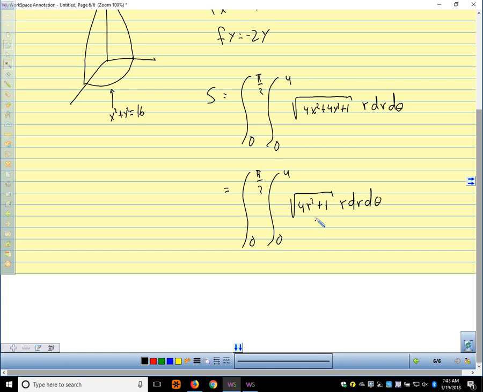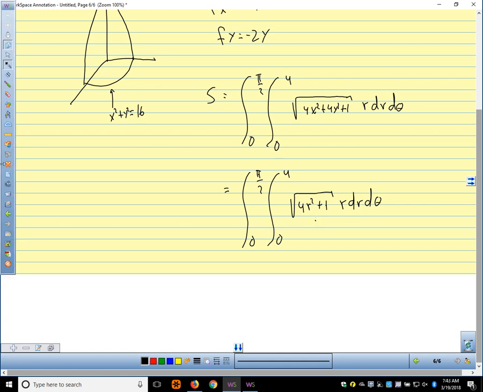That occurs frequently in polar coordinates with quadratic surfaces. Setting them up is most of the problem. We all know how to evaluate integrals now. But do we really? Yeah.